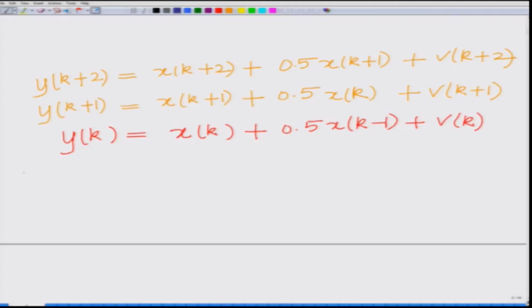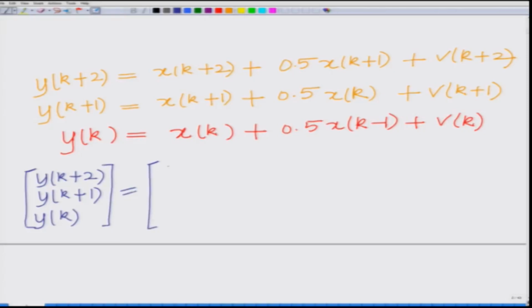Now let us write this as a matrix. Writing as a vector, I have Yk plus 2, Yk plus 1, Yk, which is equal to the matrix with rows 1, 0.5, 0, then 0, 1, 0.5, and so on.